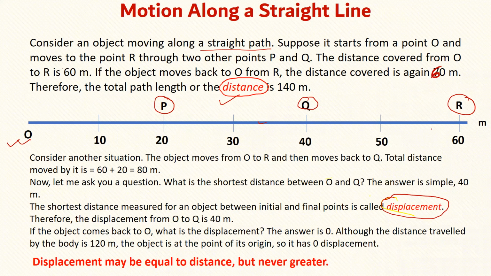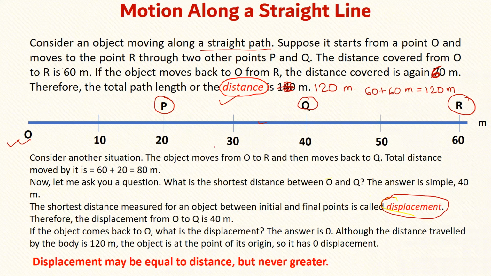So O to R, the distance is 60 meters, and if this object moves from O to R and travels back to the point O, 60 plus 60, how much would it have moved? It would have moved 120 meters. I'm sorry, it's not 140 meters but 120 meters. So 60 plus 60 is equal to 120 meters.